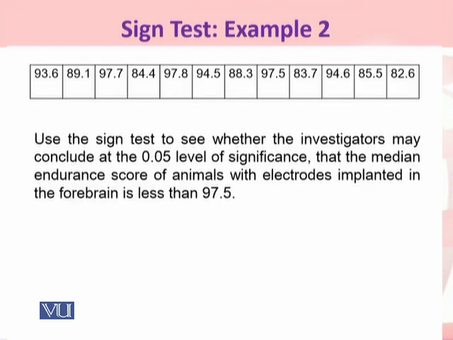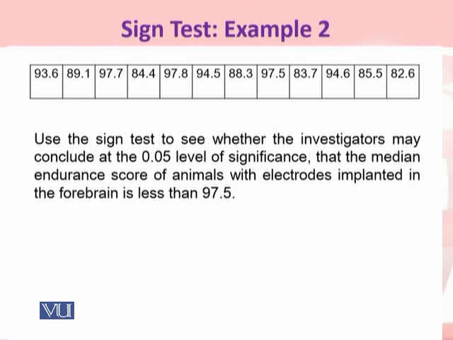So the data is given before you. Use the sign test to see whether the investigators may conclude at the 0.05 level of significance that the median endurance score of animals with electrodes implanted in the forebrain is less than 97.5.